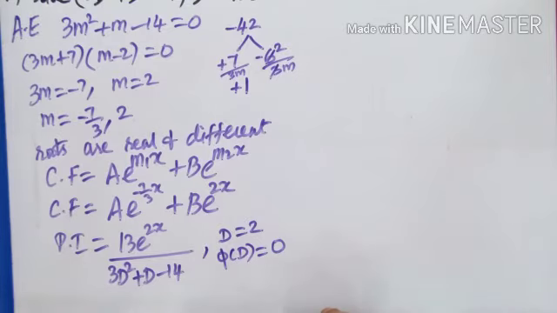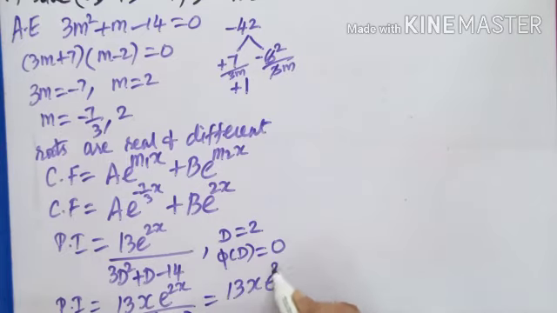In that case, how do you write the particular integral? In the numerator I put x, and the denominator I differentiate: 13x e^(2x) divided by, D² will become 2D when I differentiate. 2D into 3 is 6D, plus D will become 1, and the constant −14 will become 0.